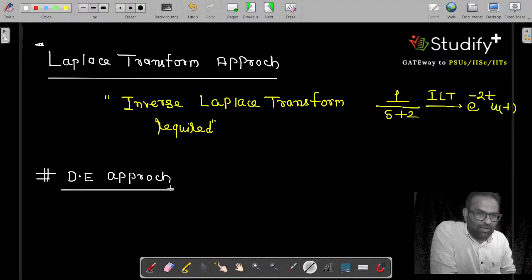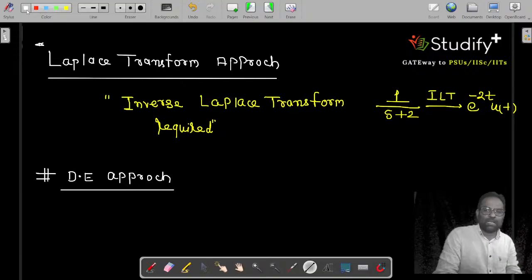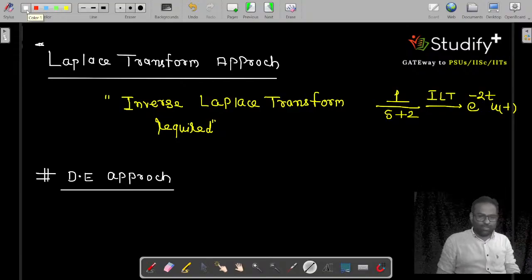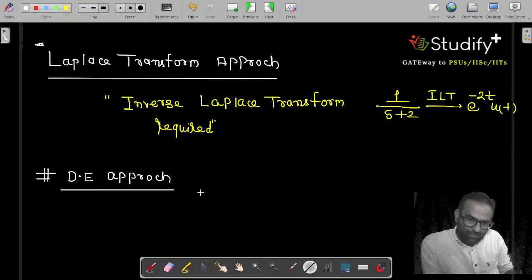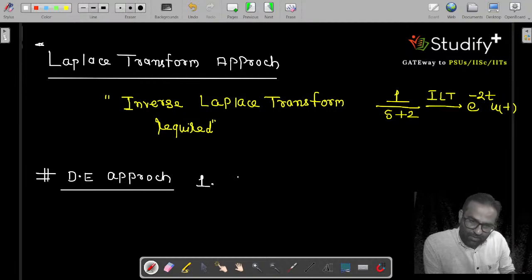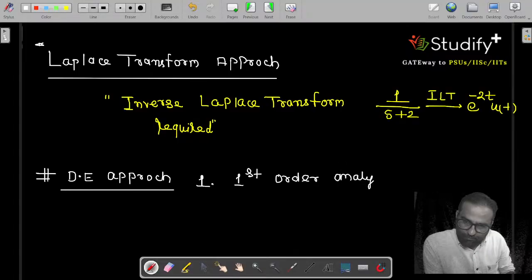But in the differential equation approach, I will divide our whole analysis into two parts. First, we will go for first order analysis.